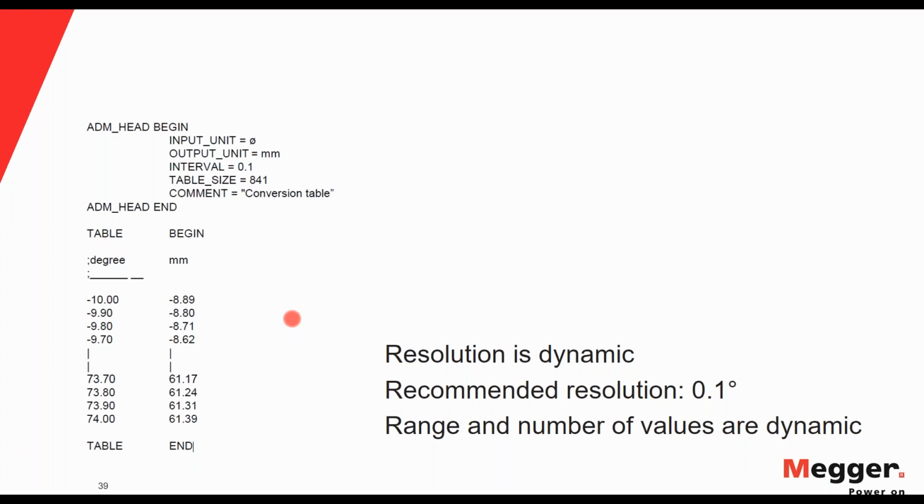To give you even more explanation, for example, from angle 10 to 1, I can have the change as 1 millimeter per degree, and above that I can have the change to be half a millimeter per degree. So this is what the table functionality does, to give you a better resolution that changes dynamically with the angle that you are measuring.